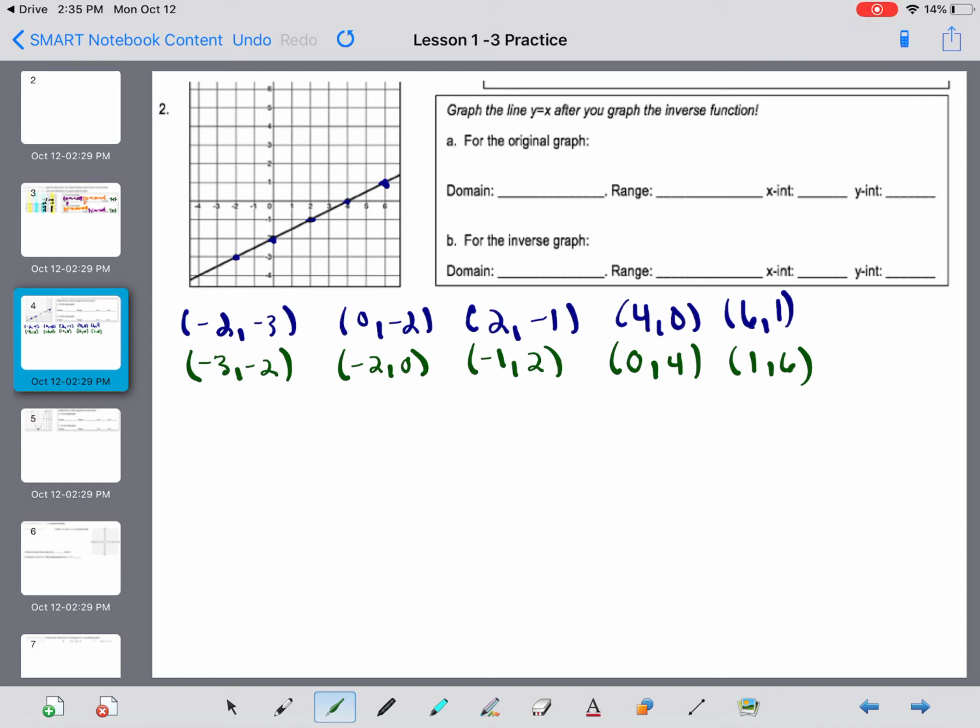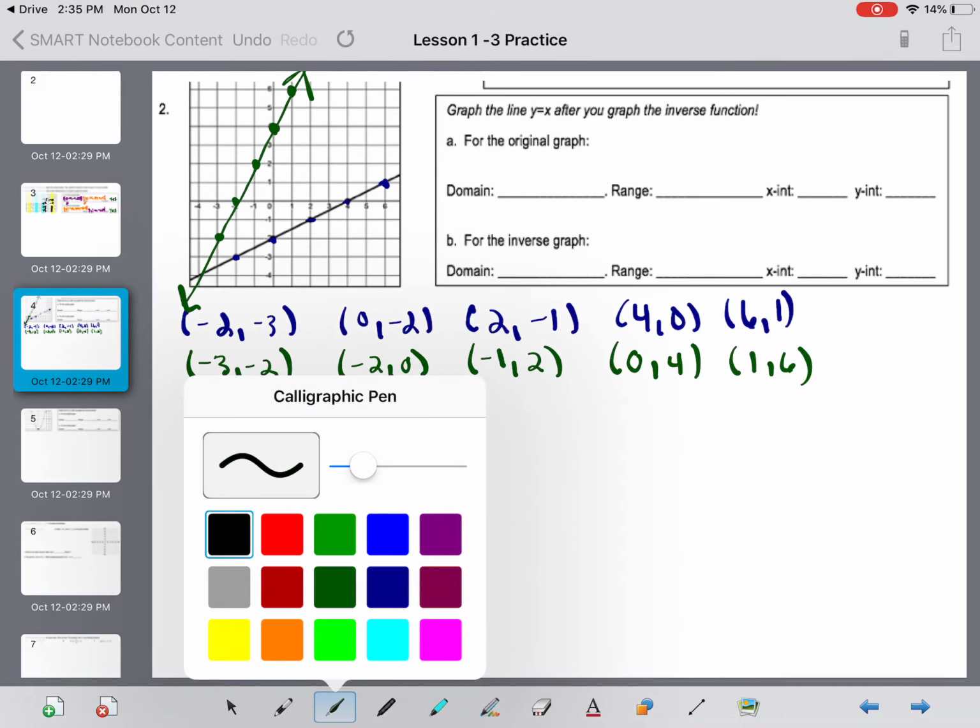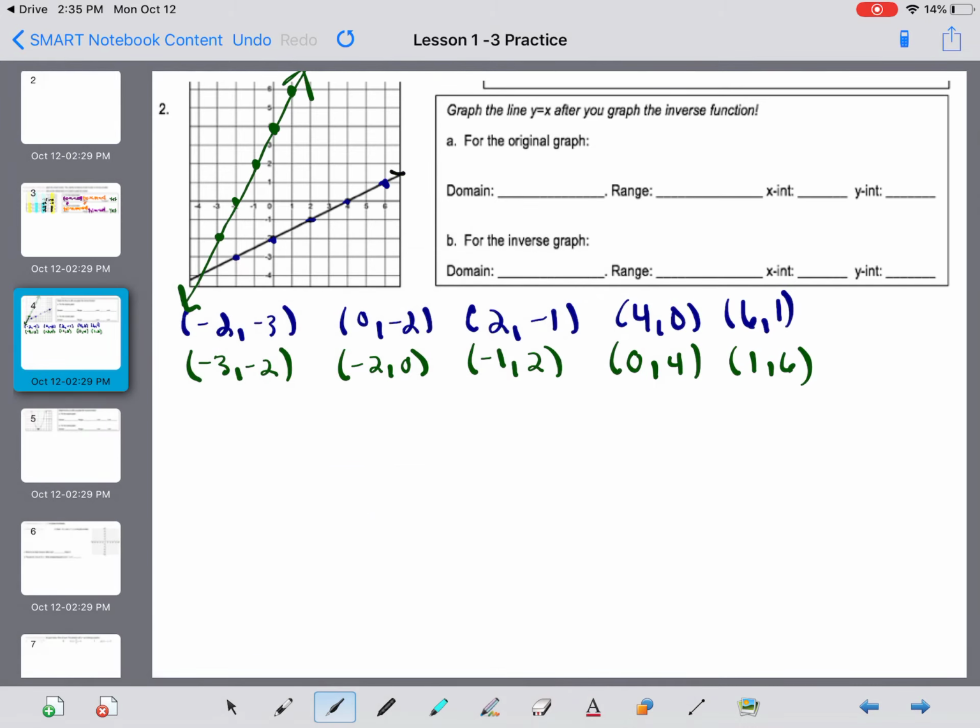So we're going to plot negative 3, negative 2, negative 2, 0, negative 1, 2, 0, 4, and 1, 6. And connect. They're not drawn there, but technically there's arrows on this graph as well.